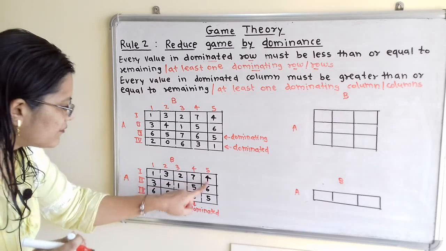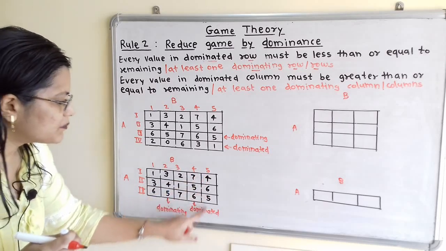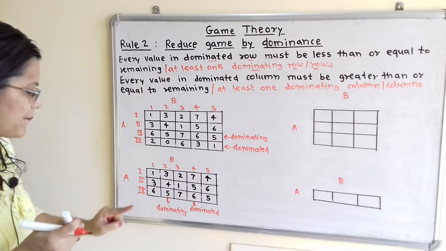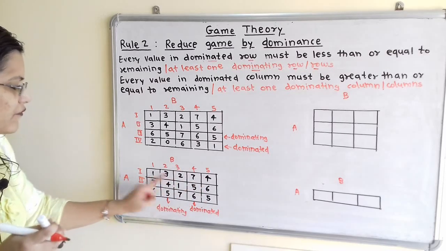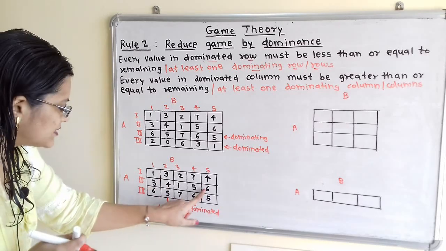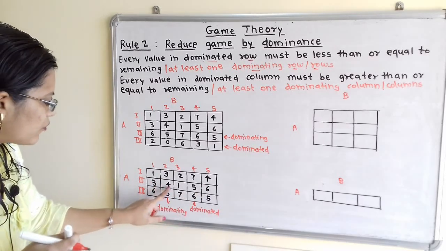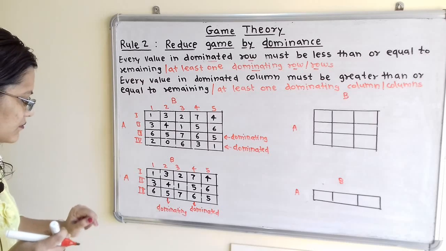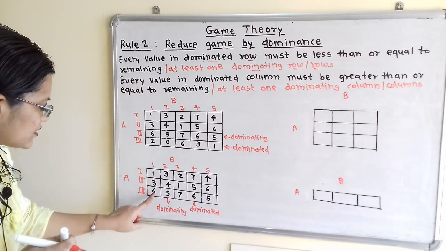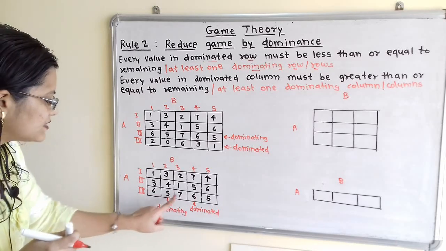Now we will again search with the second column. Here are values 4, 6, 5. This 4 is greater than 1 and 3, then 1, 3 and 2. Then 6 is greater than 3, 4, 1. And 5 is not greater than 6 and 7, but 5 is equal to 5.